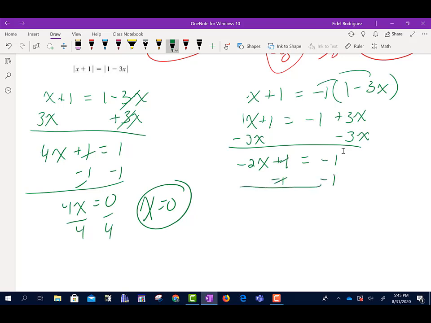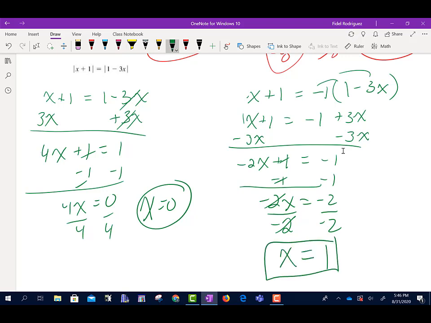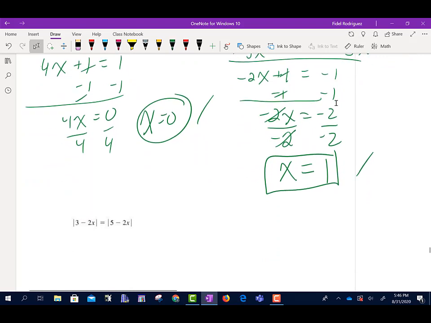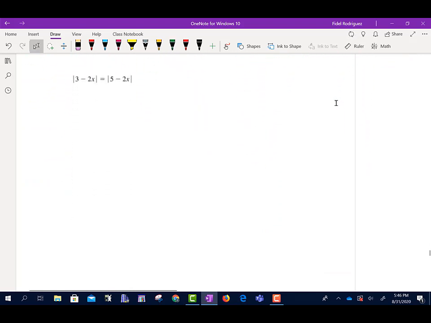Minus 1 on both sides, negative 2x equals negative 2. So divide both sides by negative 2. Negative 2 divided by negative 2 is a positive 1. And again, we got our two answers, right? One is 0 and one is 1.